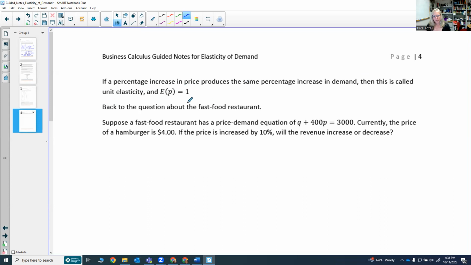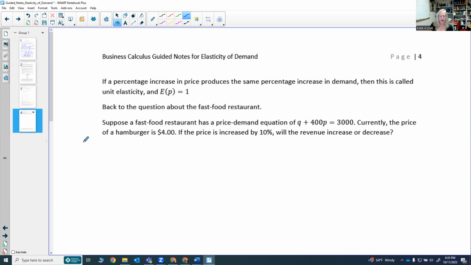So now back to the question about the fast food restaurant. Suppose a fast food restaurant has a price demand equation of Q plus 400P is equal to 3,000. Currently, the price of a hamburger is $4. If the price is increased by 10%, will the revenue increase or decrease?